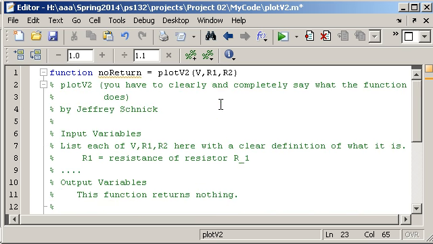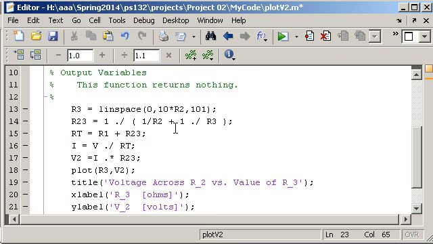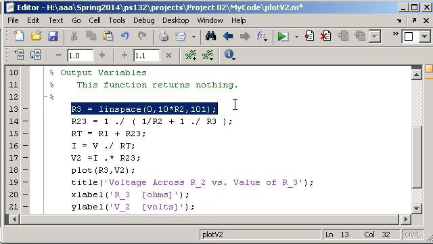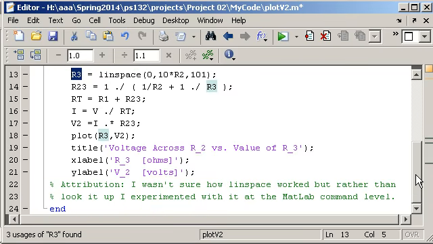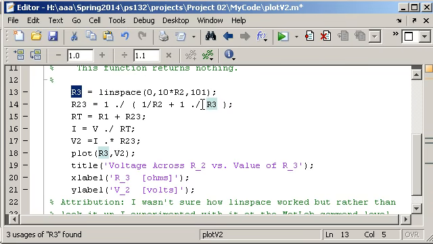So, trying to fly by the seat of my pants here. No checklist, but I got function description, name, input, output. I'm supposed to have explanation of code that is not straightforward. Here, I'm setting up the array of R3 values. Up top it was clear that I was plotting something versus R3, so it's clear I've got to have an array.